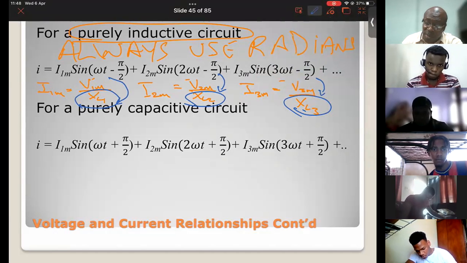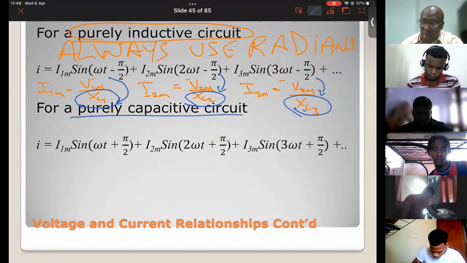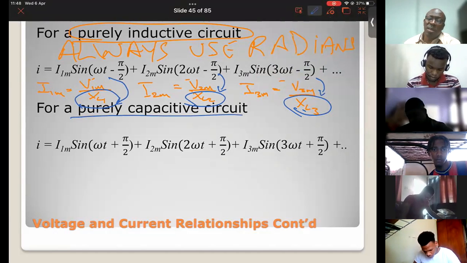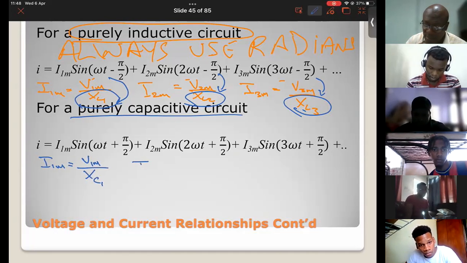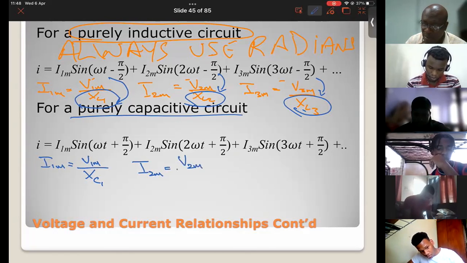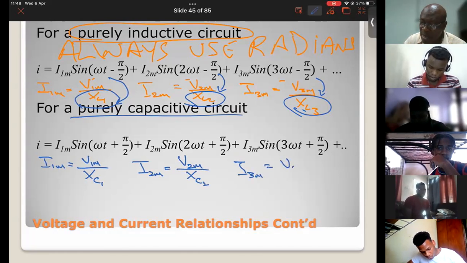Similarly, if I was to connect it across a purely capacitive circuit, I1M would be equal to V1M over XC1, I2M equal V2M over XC2, and I3M is equal to V3M over XC3.